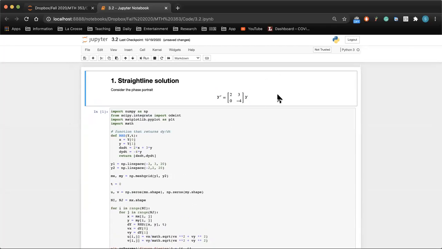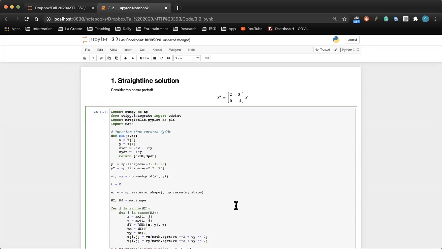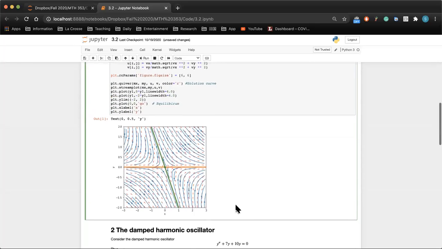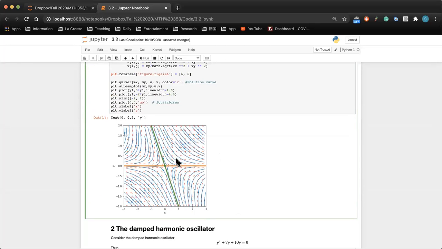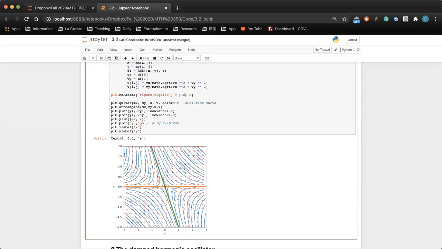Okay, this is the system. Take a look here, 2, 3, 0, negative 4. We know how to do the phase portrait, so let's do it. Once we finish, the phase plane looks like this. It's kind of messy.